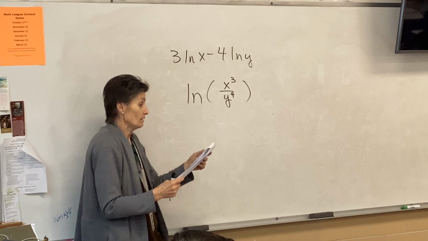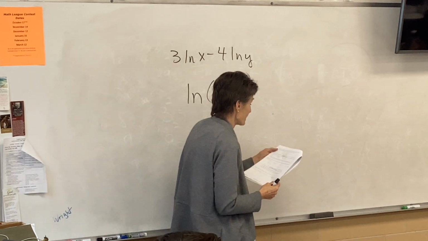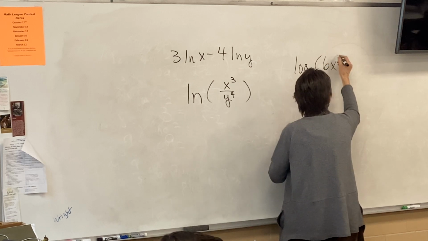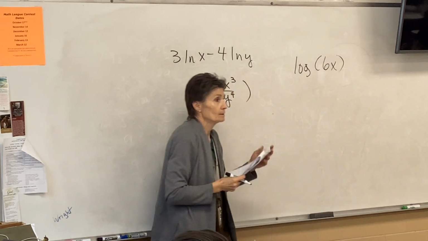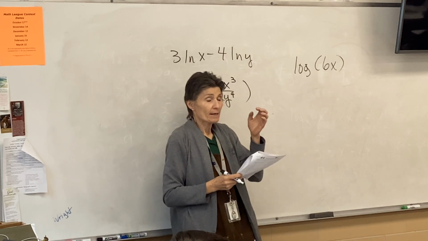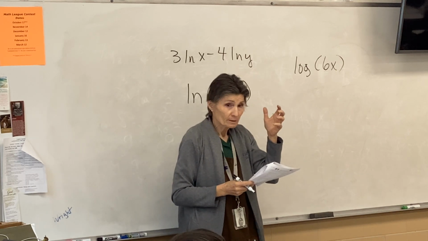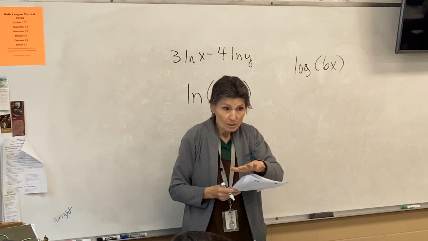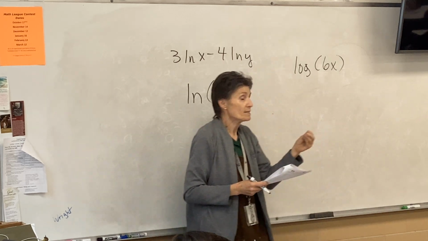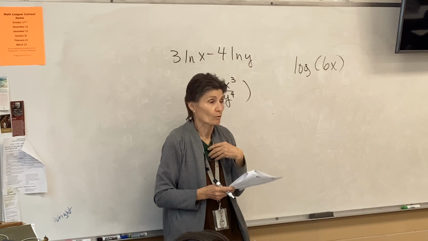Okay, now let's hop back up to example 3. We have the log of 6x. Now notice that the coefficient is on the x. So how does that impact our graph? What does a coefficient on x do to our graph?